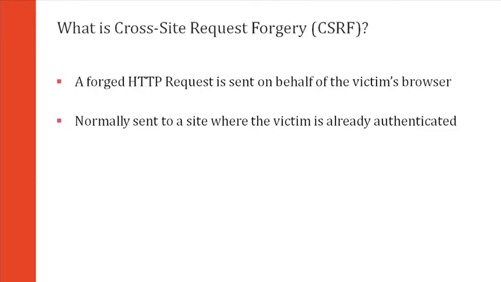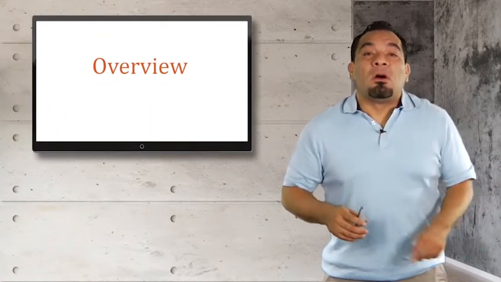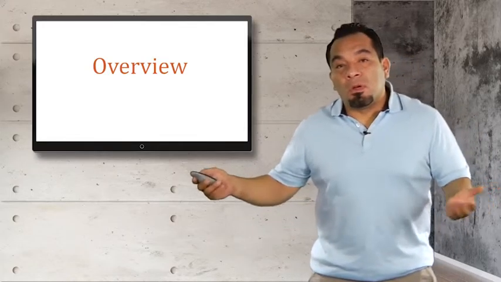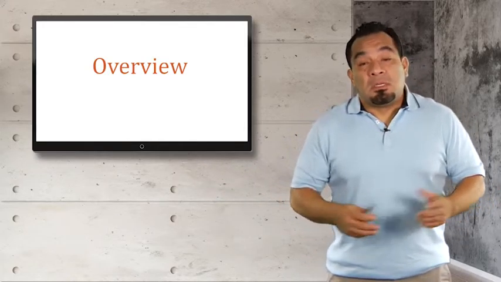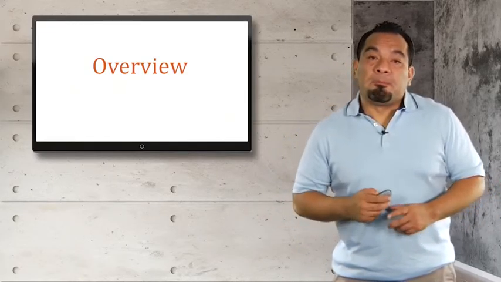So let's say that the victim has an authenticated session in eBay or PayPal or Netflix, and then the attacker is going to try to use that session and force the victim to go to a specific link, which can be to add a new movie or to make a payment, which is going to be done on behalf of the attacker for their own benefit, of course. This is going to cause an unexpected operation controlled by the attacker, as I said.